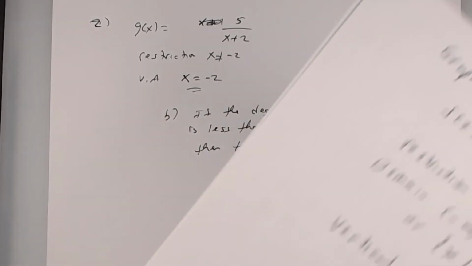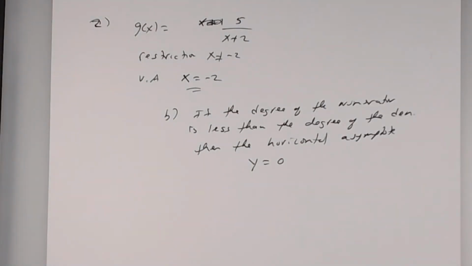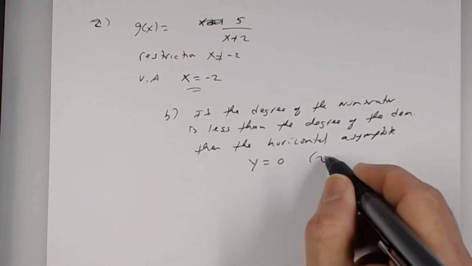So if the degree of the numerator is less than the degree of the denominator, the horizontal asymptote will always be y equals 0. Now, if you think about y equals 0, what part of the coordinate plane is y equals 0? Which axis? No, y is vertical. This is horizontal. The x-axis.